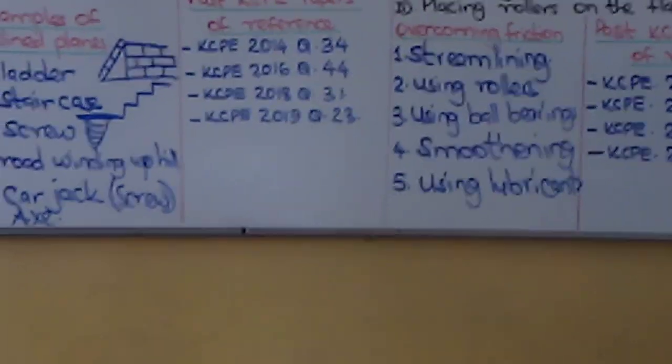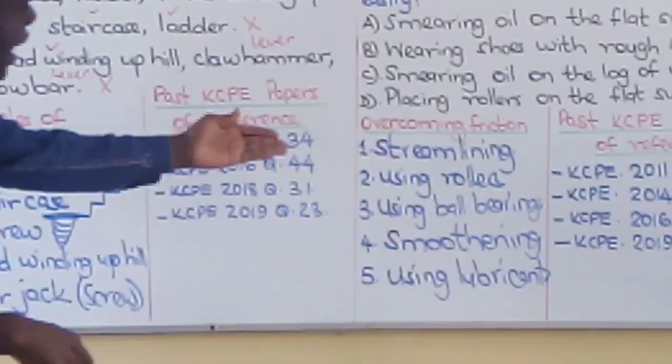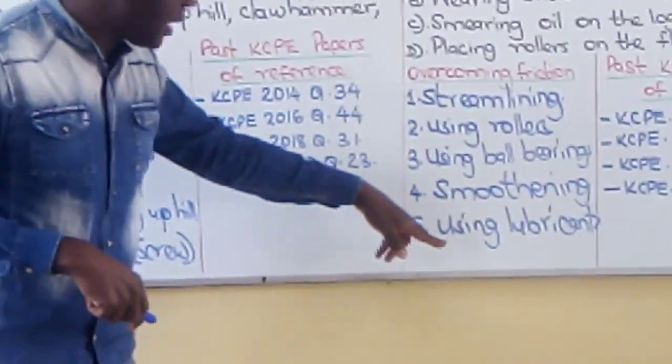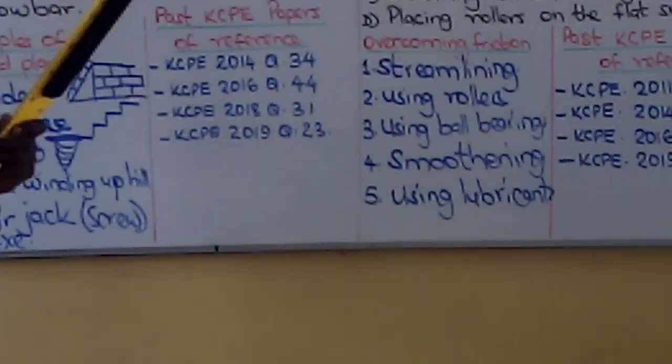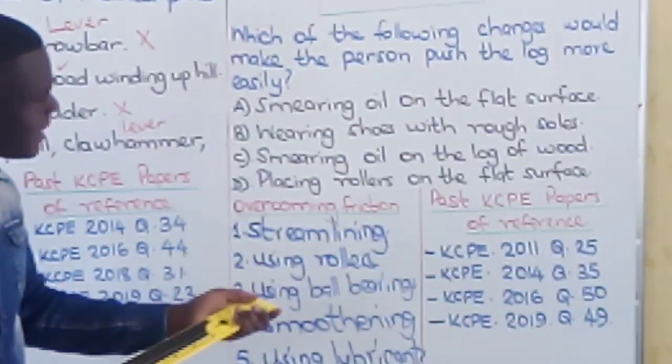Now let's look at what we have on the board. We have the streamlining, we have using rollers, we have using ball bearings, smoothening, using lubricants. Let us compare on the question and see which one is the correct answer. Smearing oil on the flat surface.